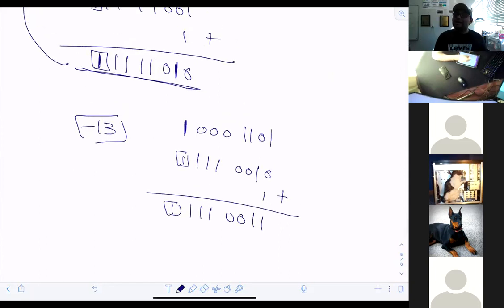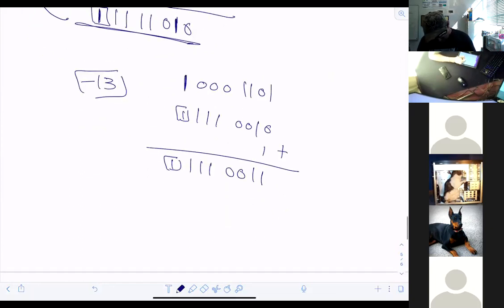Now it's time to add them and see what will happen, right? So I'm going to add this to that one. So positive 0, 1, 0. And then 1, 2, 3, 4, 5, 6, 7, 8.